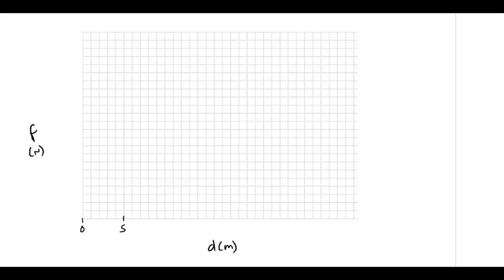We can call each one, and that works out nicely. Each square is just equal to 1.